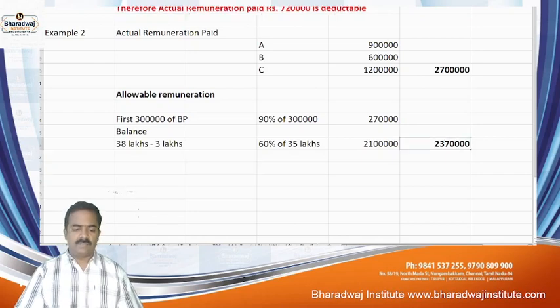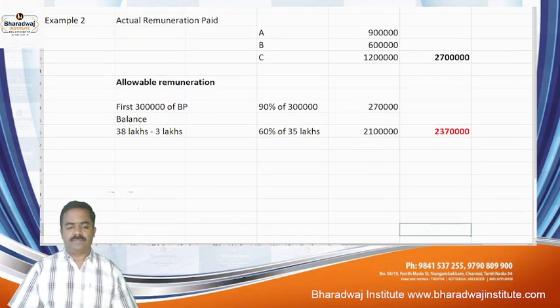So what is deductible? 23 lakh 70,000 is what is deductible.